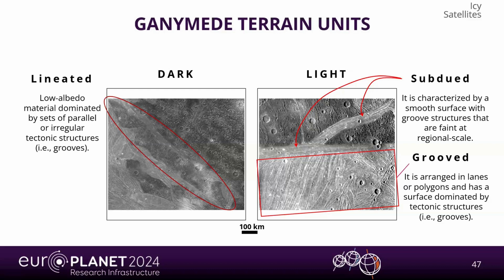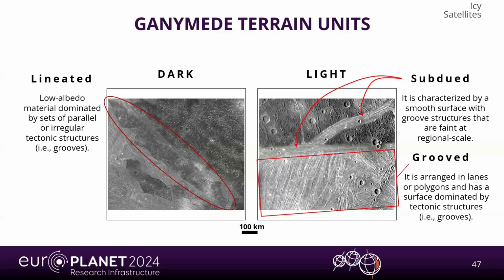On the other hand, the light terrain has been subdivided into other units, the main ones being the grooved units, then the subdued units, and then the irregular and undivided units. And on the right here, there is an example of two light terrain units, which are the grooved and the subdued units. The grooved unit is mostly characterized by tectonic structures called grooves.